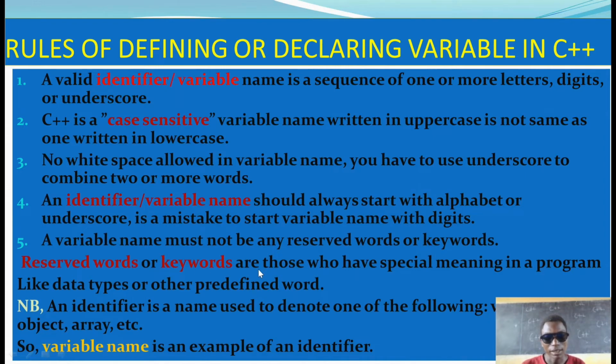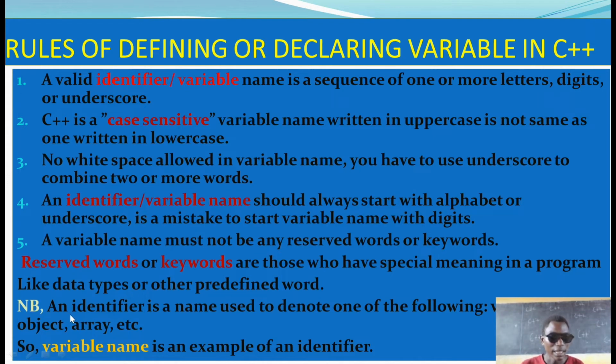Reserved words or keywords are those words that have special meaning in a program, like data types or other predefined words. Suppose you say int, we directly understand that you mean integer data. So if you declare a variable, you can't use a predefined word or reserved word.